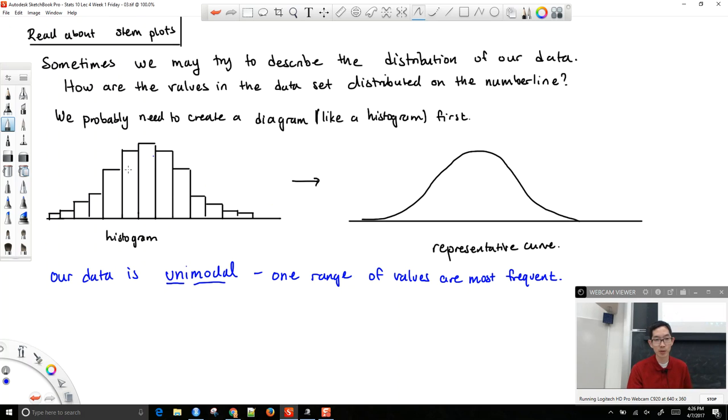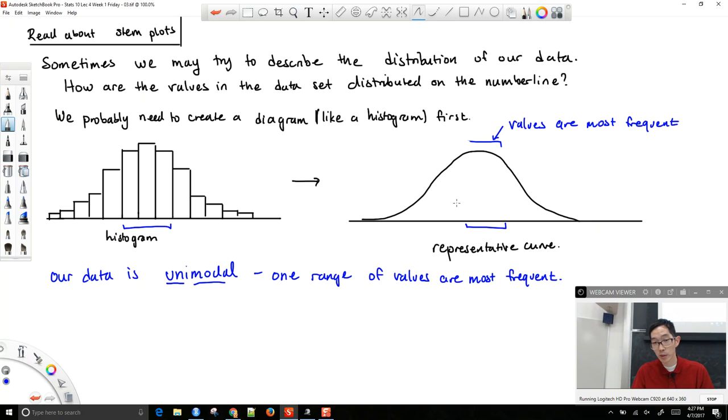Okay, so the mode here is most frequent. These values right here, or correspondingly over here, these values are most frequent. Values here are most frequent, and there's only one range where the values are most frequent.